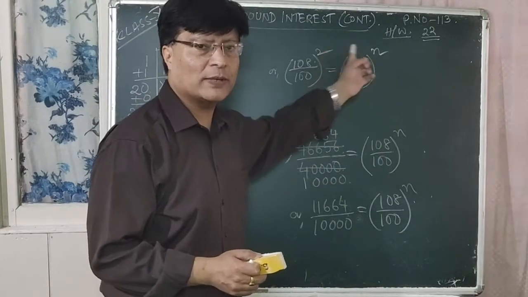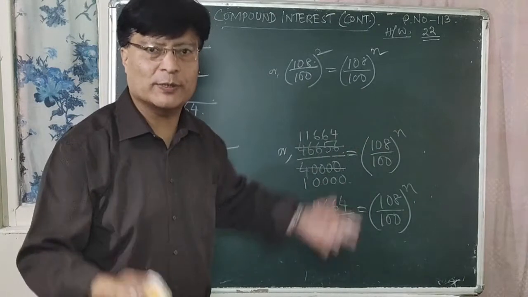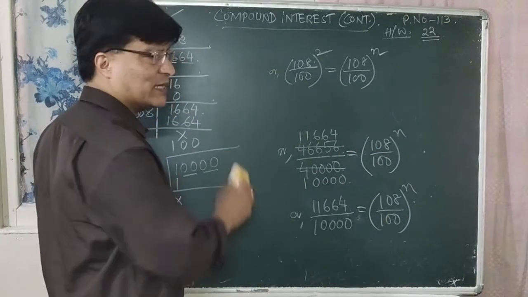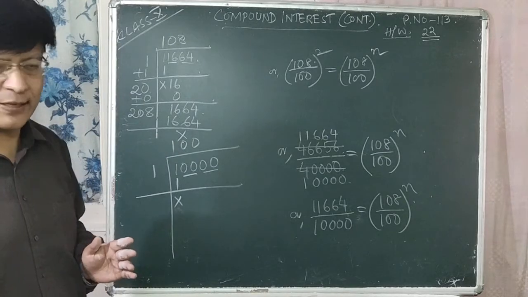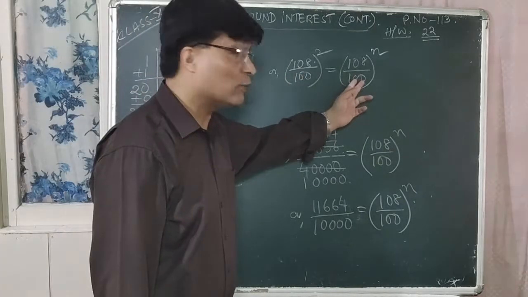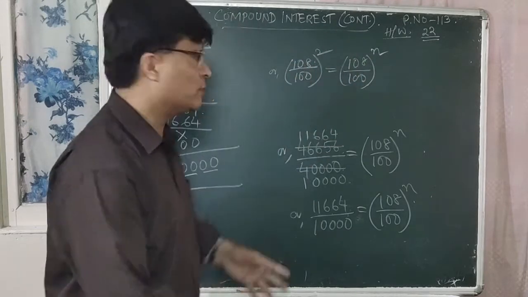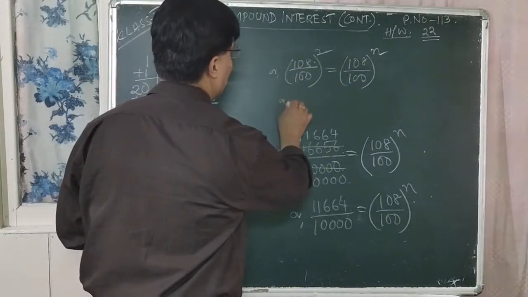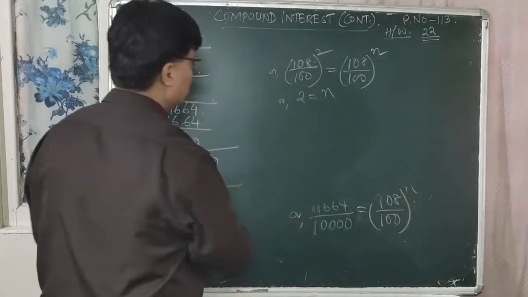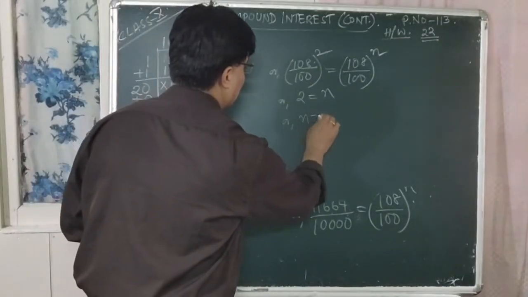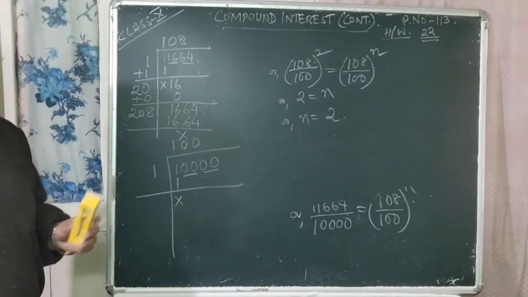Here the power is 2 and there the power is n. If the bases are equal, powers must be equal, isn't it? If the bases are equal, these two are the bases, they are both equal, so powers must be equal. That is, 2 is equal to n, right? So n is equal to 2. So, what is asked in the question? In how many years?